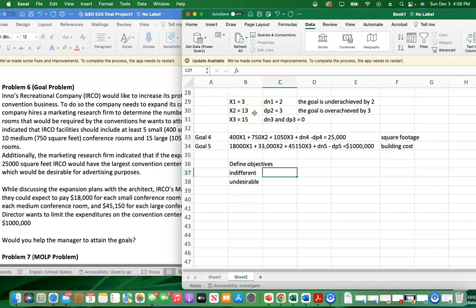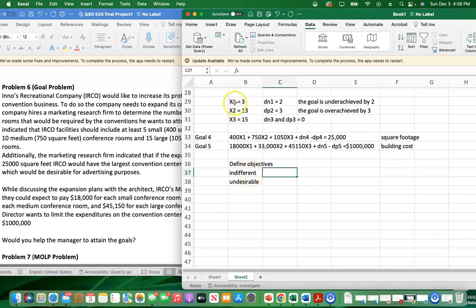And so it has overachieved the expectations by 3 rooms. So in this case, we can say that the company is indifferent, meaning that its expectations were 10 rooms. And if it gets additional 3 rooms, then that is good, but it was actually expecting 10 rooms. So we can say that the outcome is indifferent.